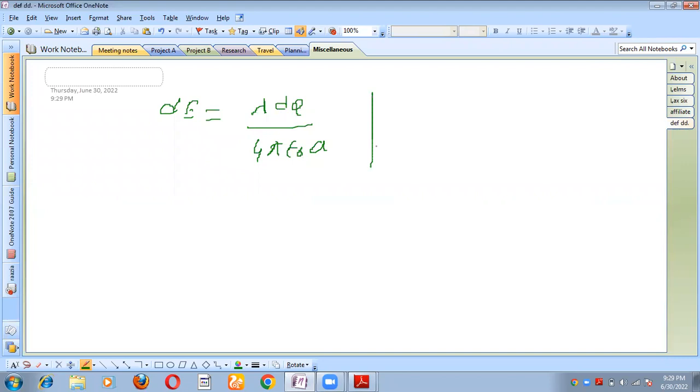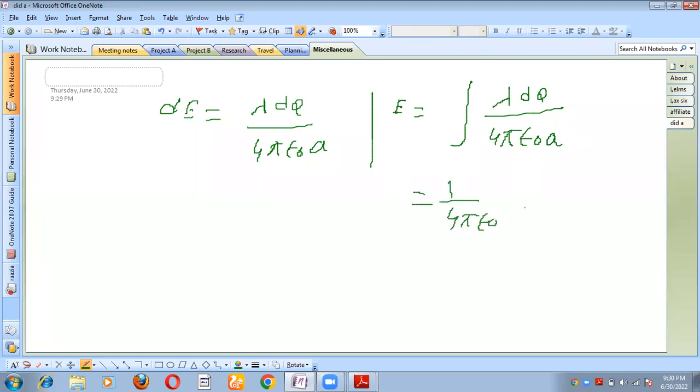Now to find the total field E, if we integrate this one, what we are getting, we will get lambda d theta by 4 pi epsilon naught a. So 1 by 4 pi epsilon naught, 1 by a will also be out, lambda will be out.